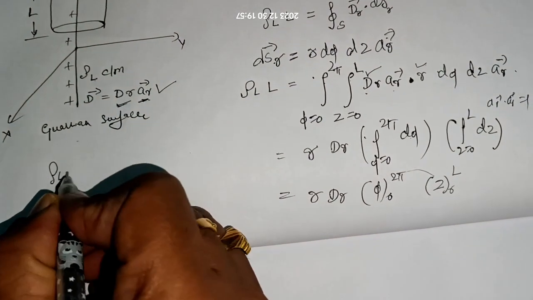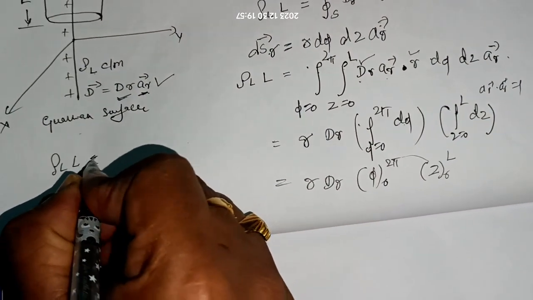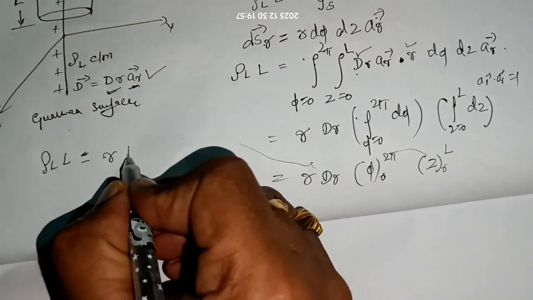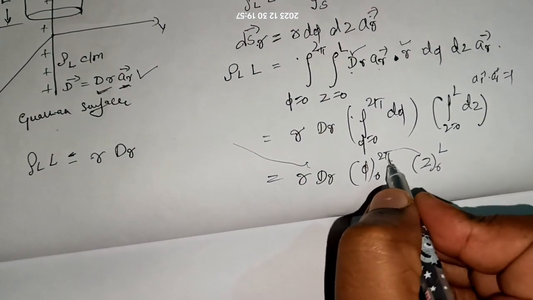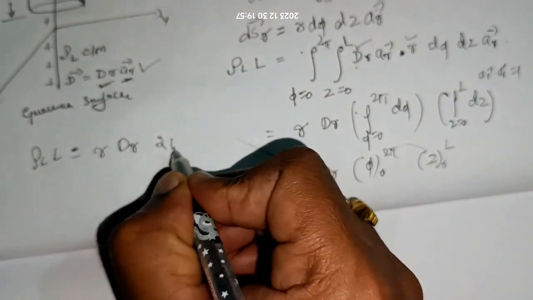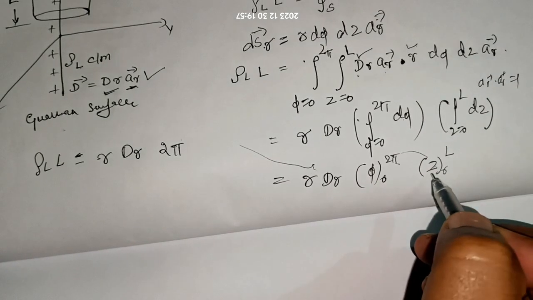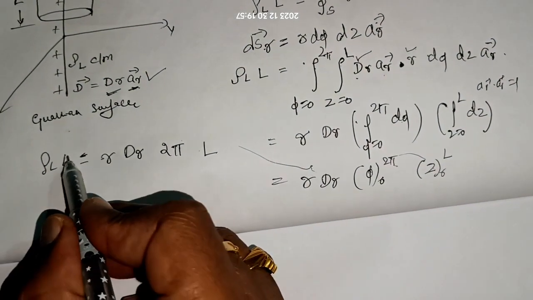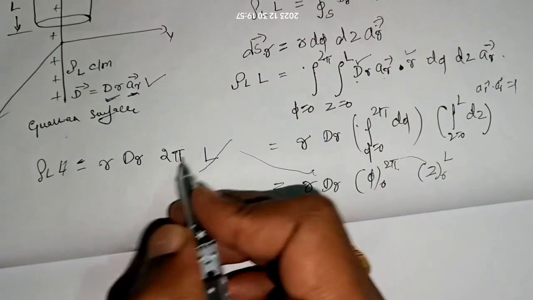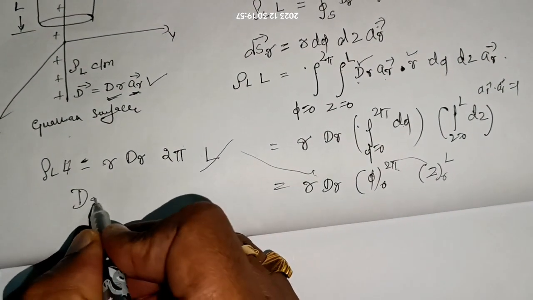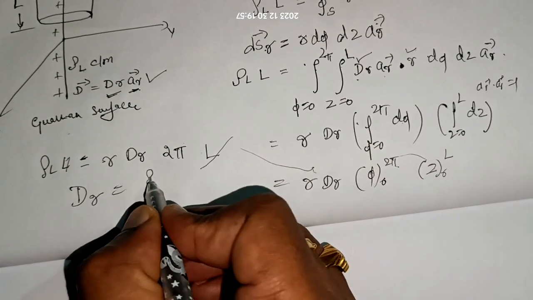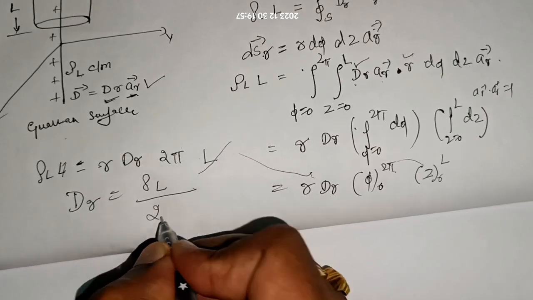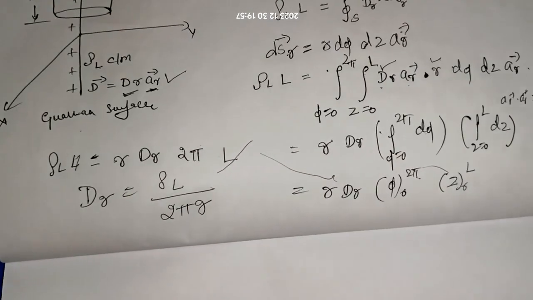So rho L is equal to r Dr times 2 pi minus 0, which can be written as 2 pi, and this L minus 0 can be written as L. Okay, so here L and L will get cancelled. So you will end up with Dr, which can be written as rho L divided by 2 pi r.